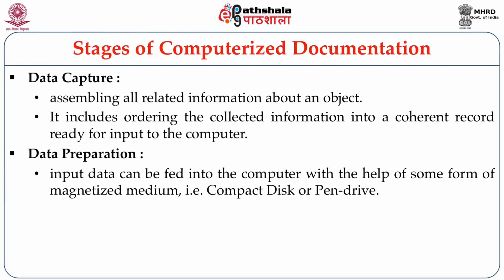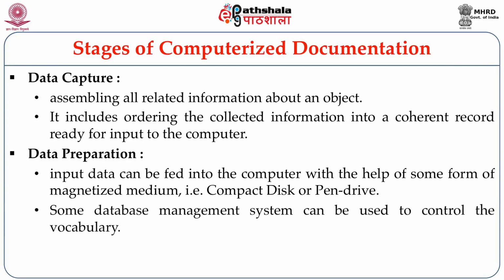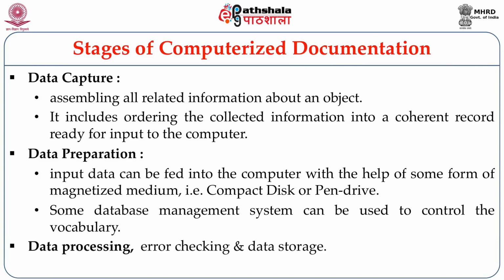Input data can be fed into the computer with the help of some form of magnetized medium, that is compact disc or CD, pen drive, etc. Some database management system can be used to control the vocabulary. Data processing, data storage is also important in computerized documentation processes, and some outputs are also important in these cases.